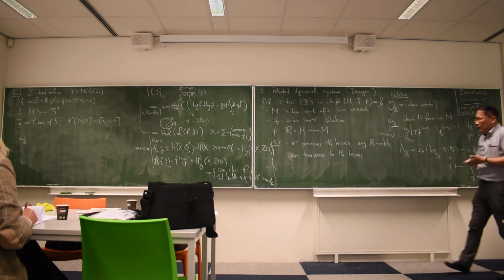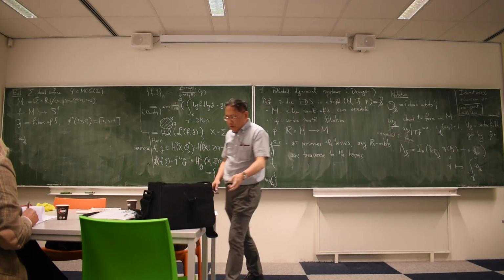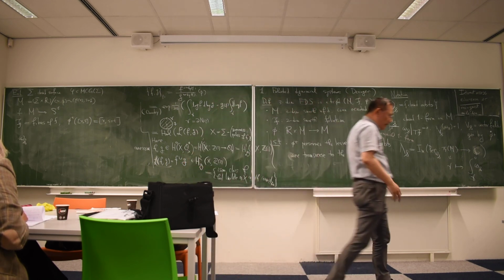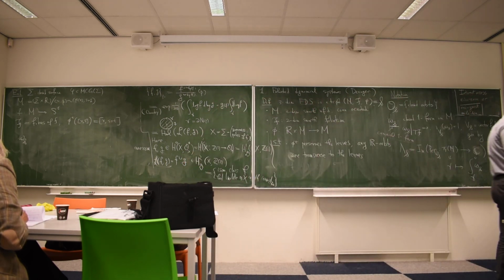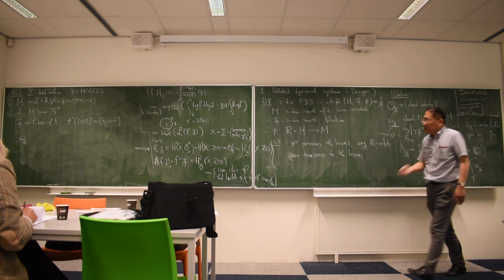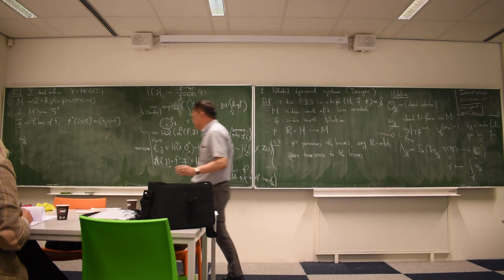So in this sense, I wonder whether his theory can be described as a Morse theory attached to this one-form. The dynamical system is given by a Morse gradient.